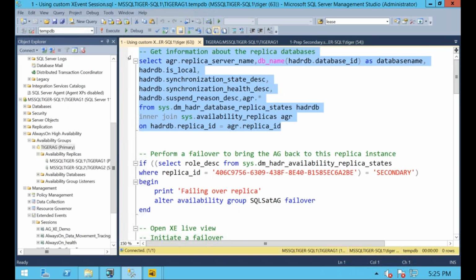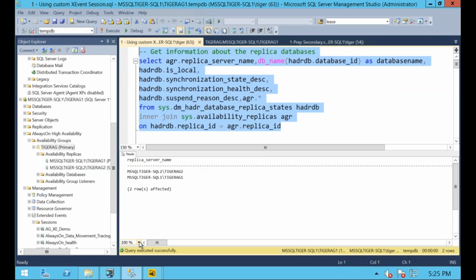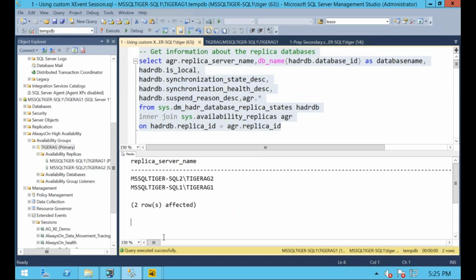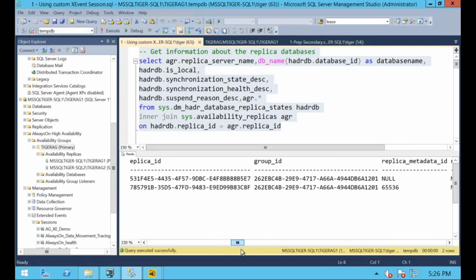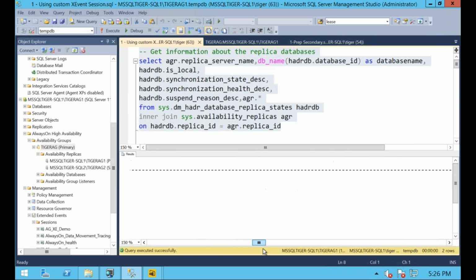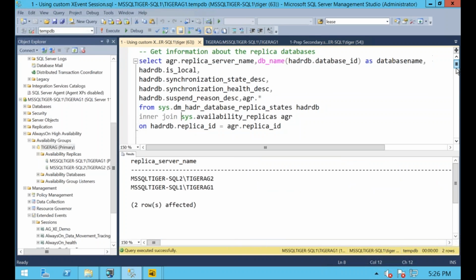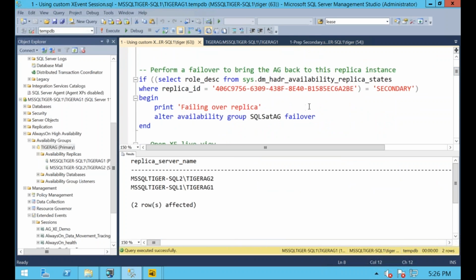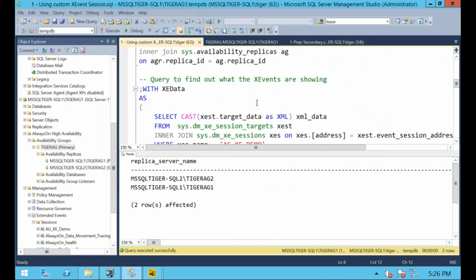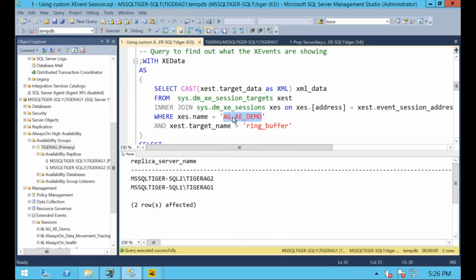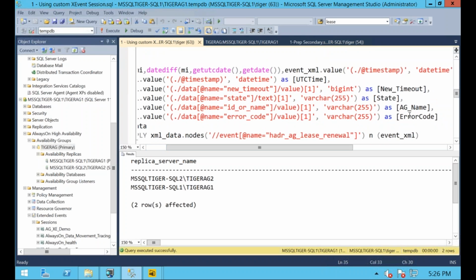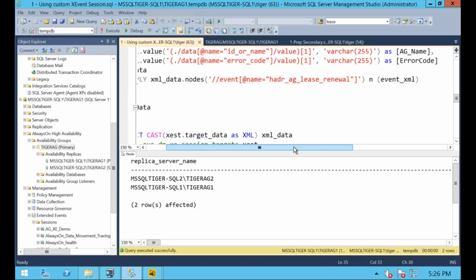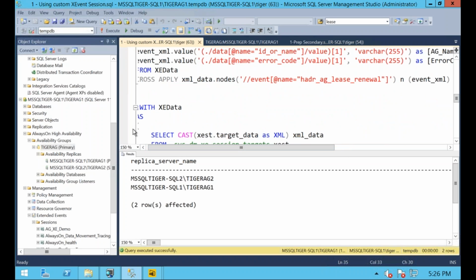If I go ahead and execute this, I basically get my extended event names, and I also get my database name, my replica IDs, which I join on, and I get my replica server names. Once I have that information, I'm able to query the extended event session, which is the AGXE demo, which you saw me stop and start, and I'm getting the timeout information which you were seeing in the Power BI desktop window.